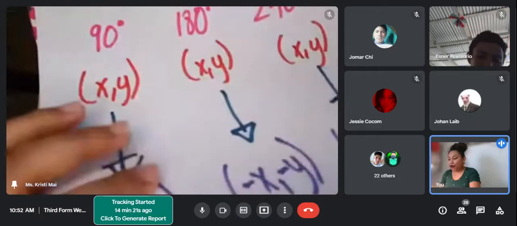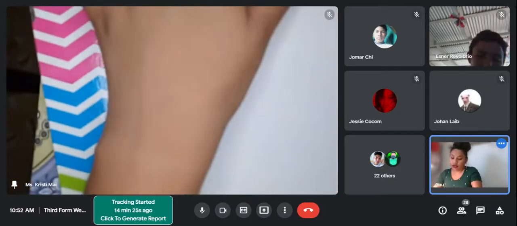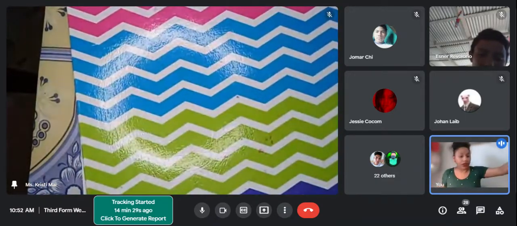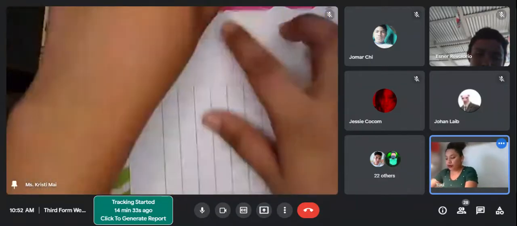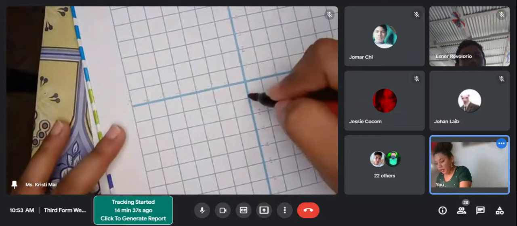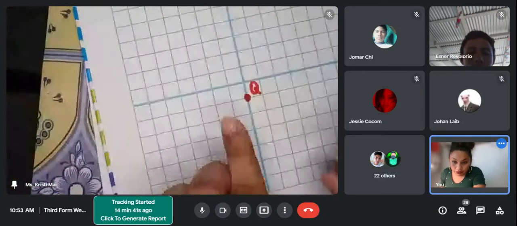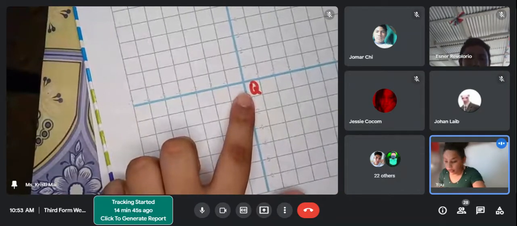So before I go ahead, I have my graph sheet right here. Let me just quickly draw the diagram. You have point Q, then you have 3 and 5.